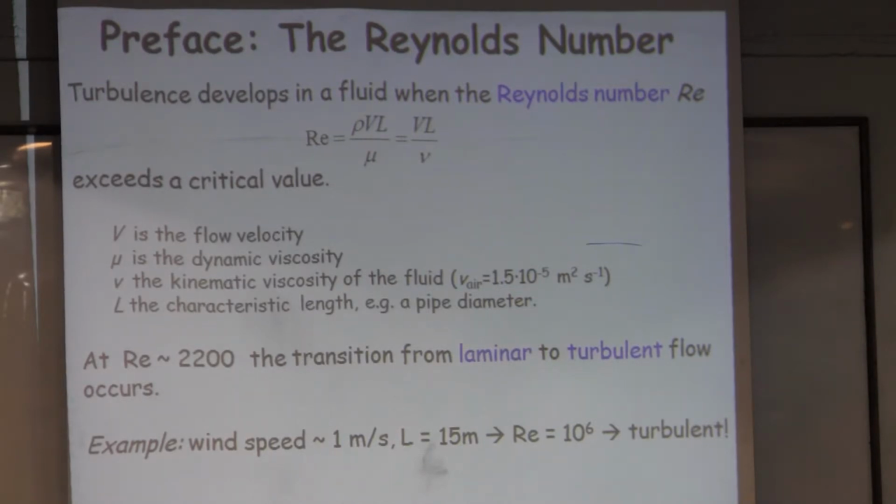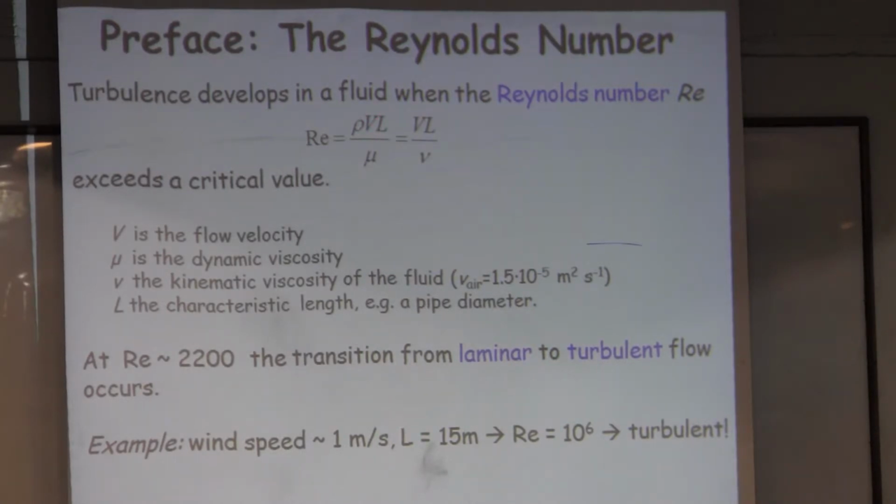There is one simple quantity that people who study turbulence know very well, the Reynolds number. The Reynolds number is defined as the ratio between density, flow velocity, and the characteristic length over which we study the flow.